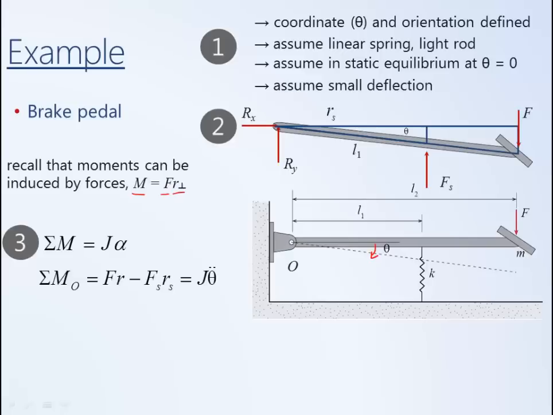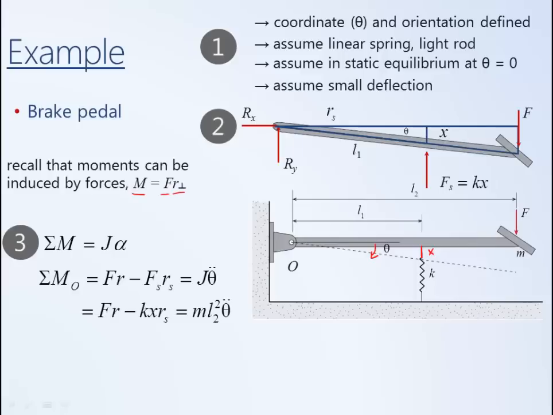The force generated by the spring, if we recall, is equal to the stiffness of the spring times its deformation. We will define the deformation of the spring to be x. So looking at this, that vertical distance that the spring is compressed we'll define to be x.